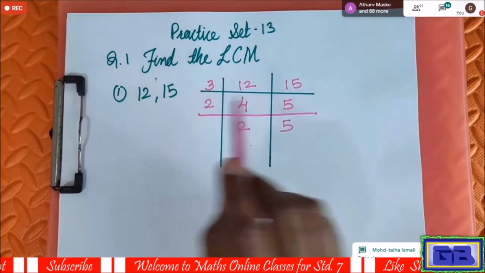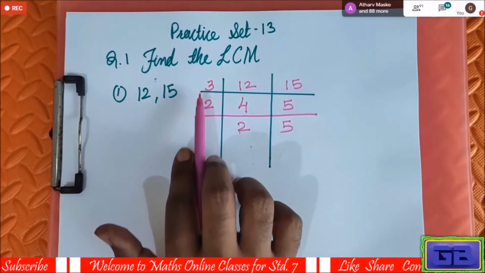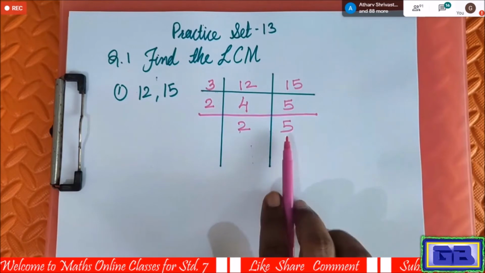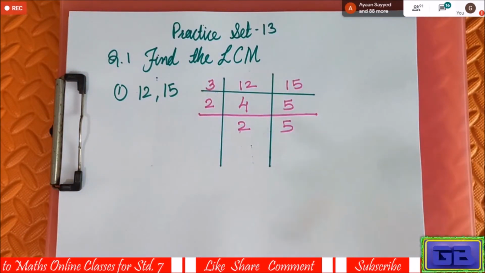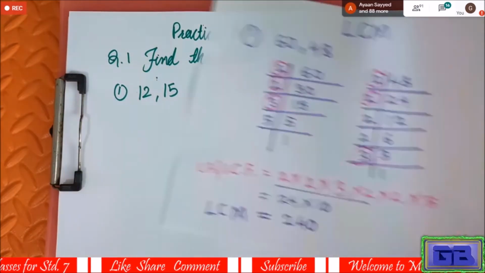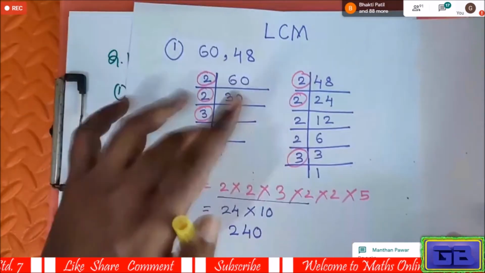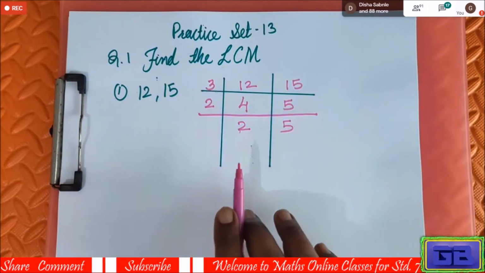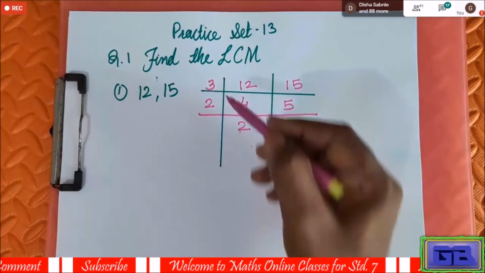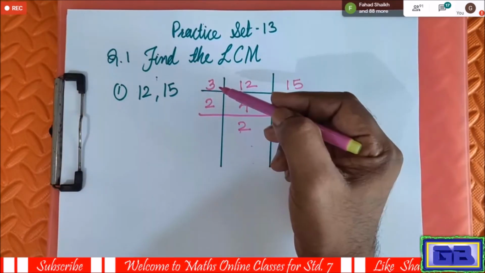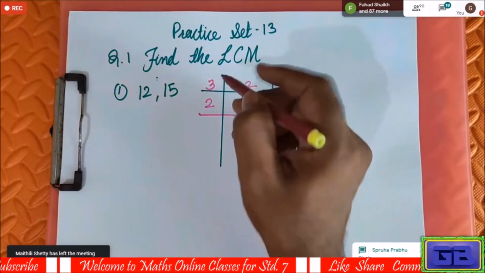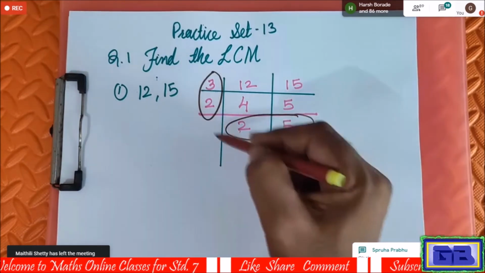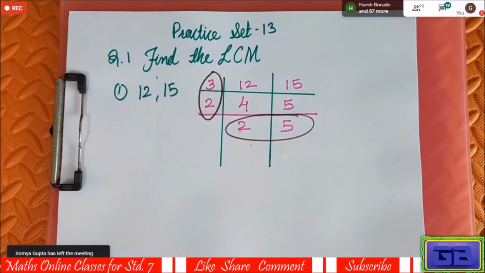So we have these 1 2 3 4, total 4 factors we got, and in the first question we took common and uncommon, but if we solve all together, there is no need to find common and uncommon. Whatever numbers we divided by and which we got at the last, all together we will take one time.